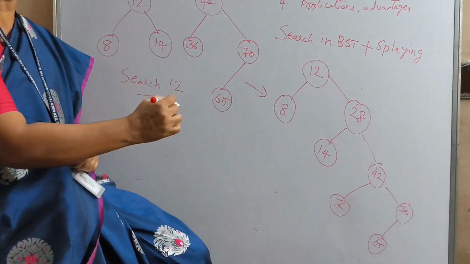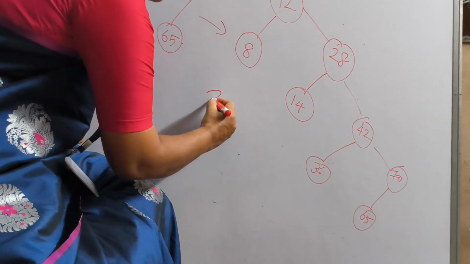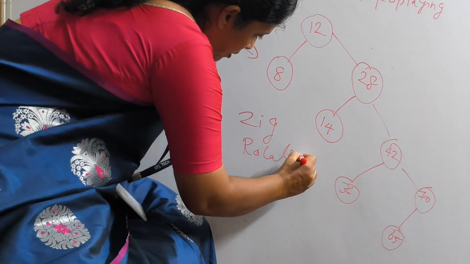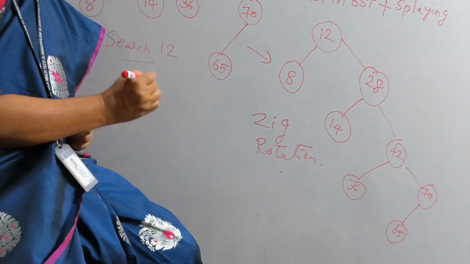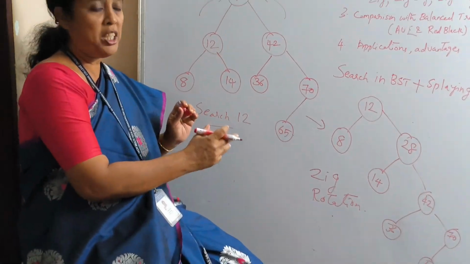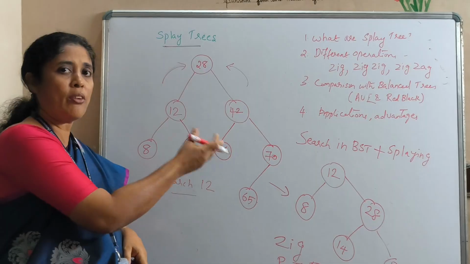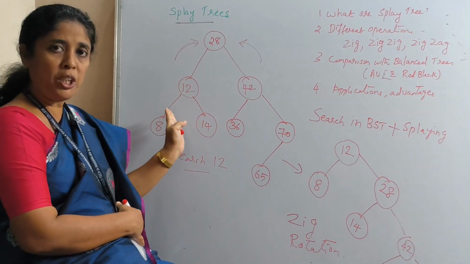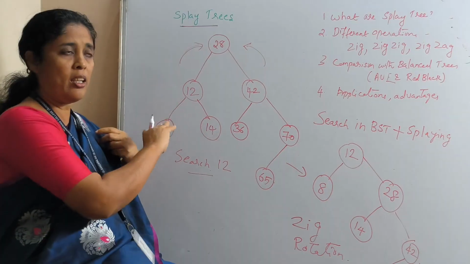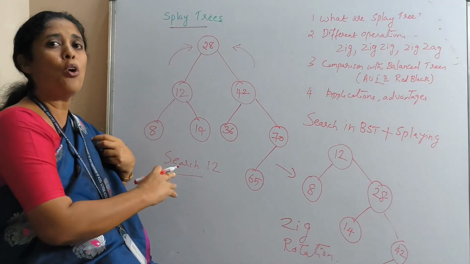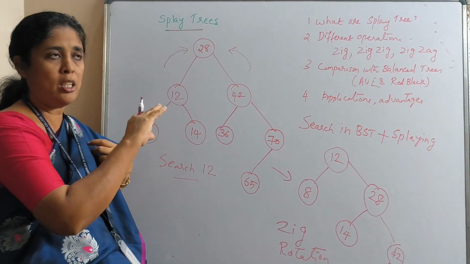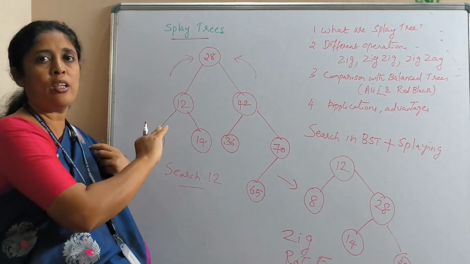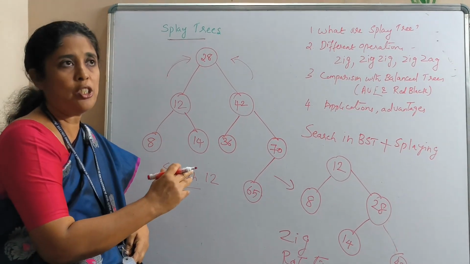This type of rotation we call a zig rotation. It can be on the left side or the right side. If you are searching for 42, then you will make a rotation towards the right, on the left side. Again you call that a zig rotation. One rotation, one move from left to right or from right to left, we call a zig rotation.